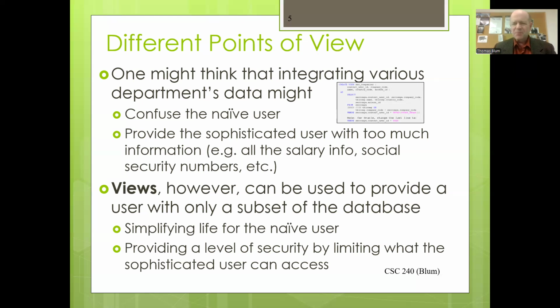And this is where the concept of views comes in. You can bring together all these tables with all this information, and then limit access. For that naive user, you may be making it simpler so that they don't have too much to think about. And for the sophisticated user, it could be a security device, limiting the access to things that they ought not be able to see.